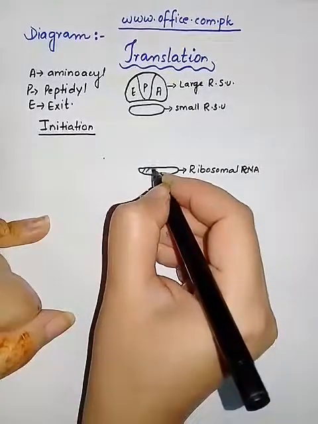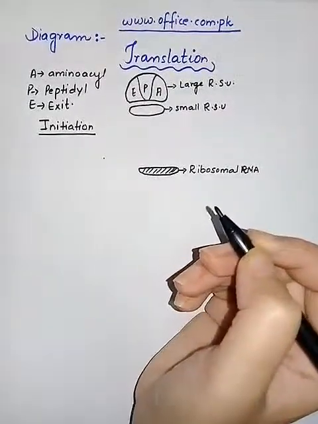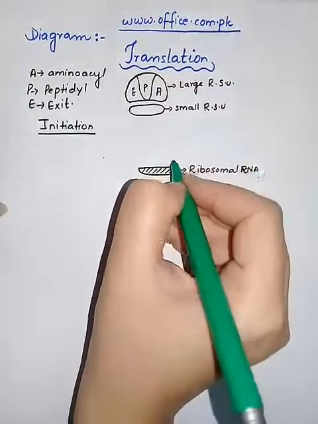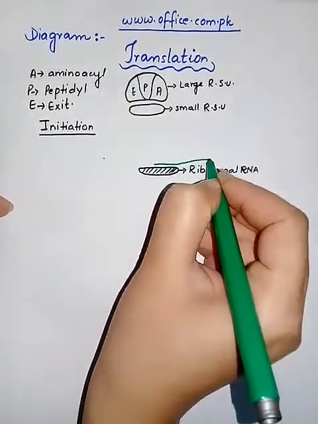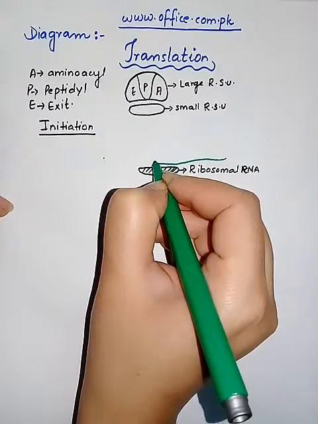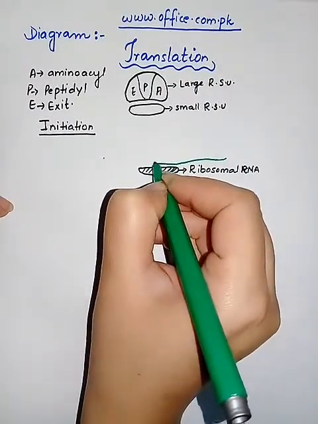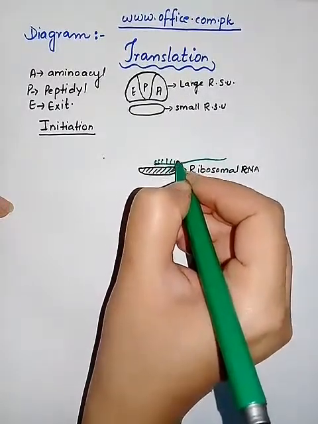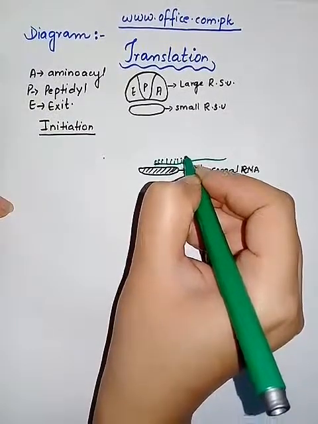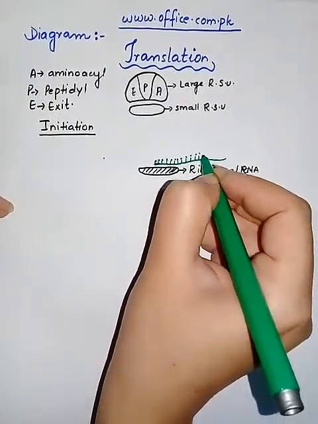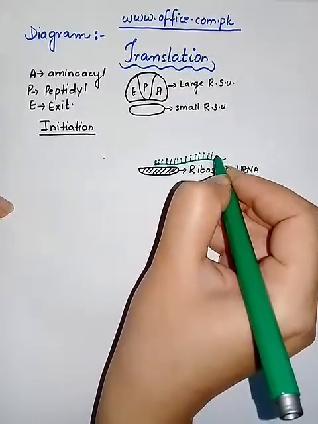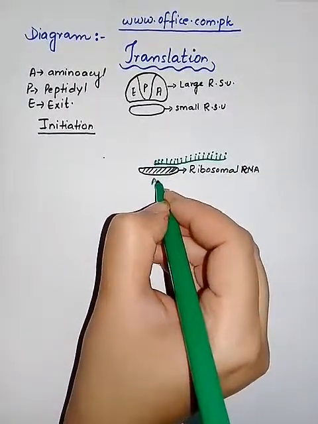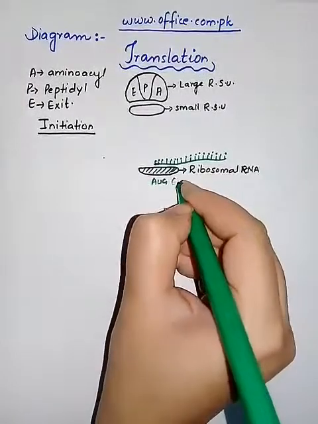Here will bind the messenger RNA. The messenger RNA will have its nucleotides in the form of codons. And let us suppose the first is AUG, which is the start codon.